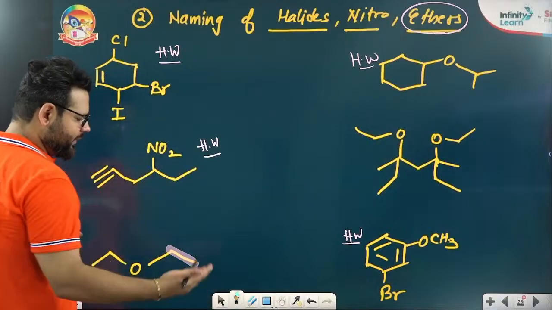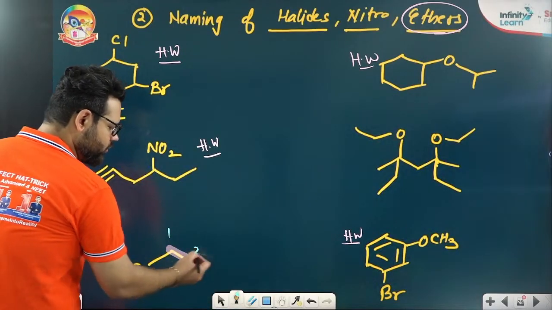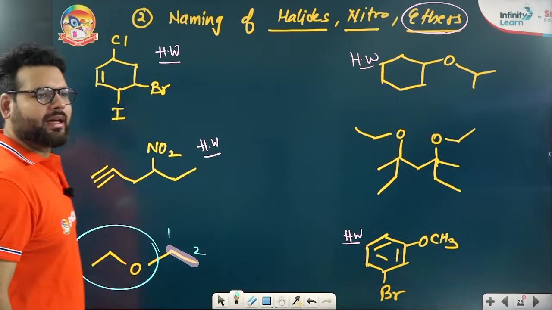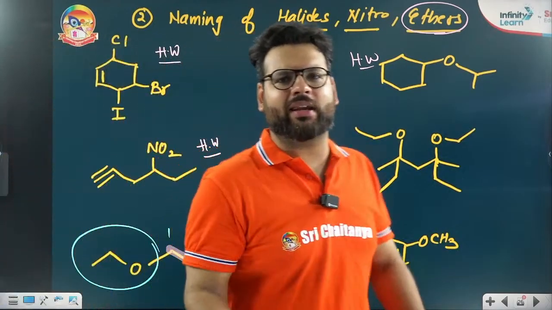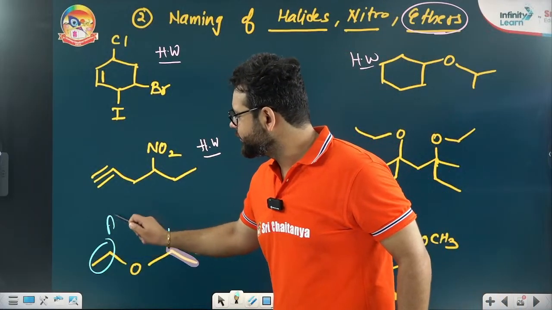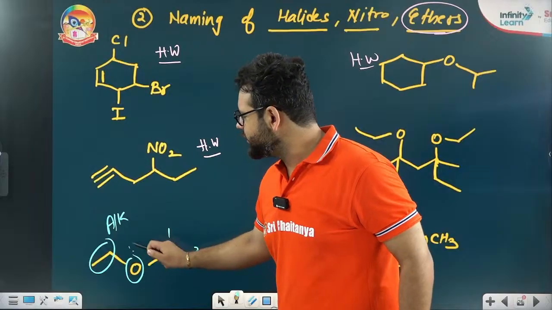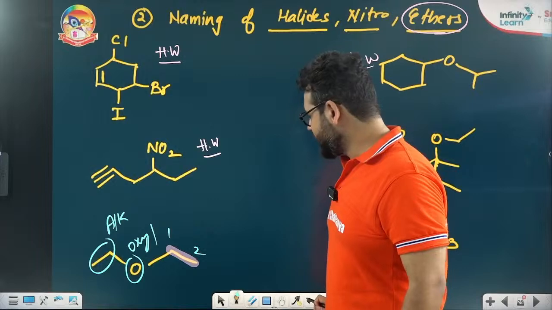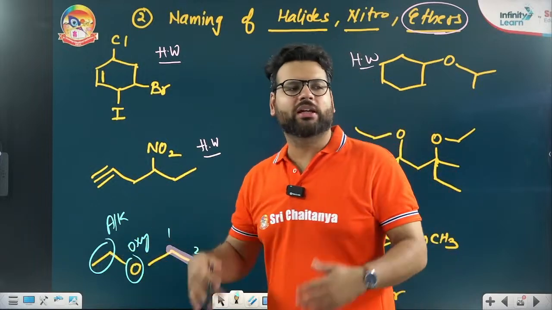Now number it in such a way that the substituent comes on the lowest number, 1, 2. At number 1, what do you have? You have an alkoxy. What is that alkoxy? Alk plus oxy, ethyl plus oxy, ethoxy.